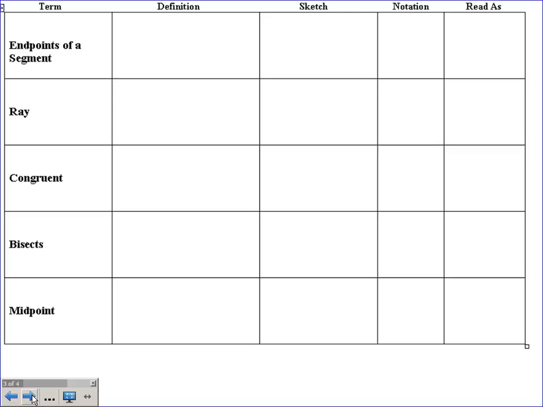Endpoints of a segment. A point. The point that causes the ray to stop. Oh, I'm sorry, not the ray. We haven't done rays yet. Okay.